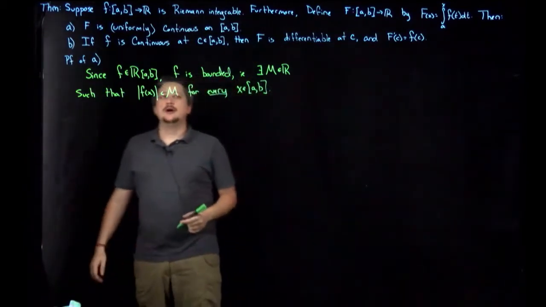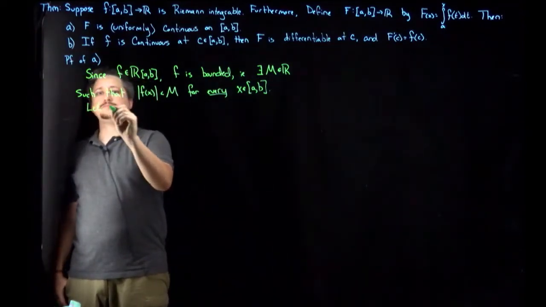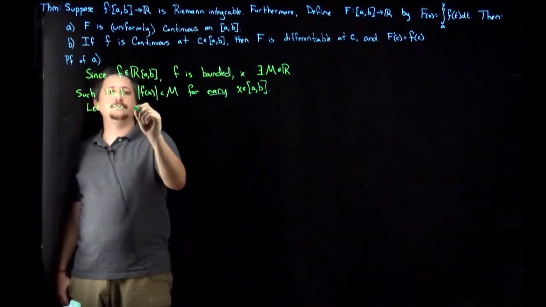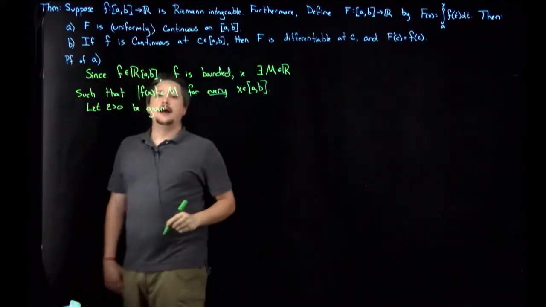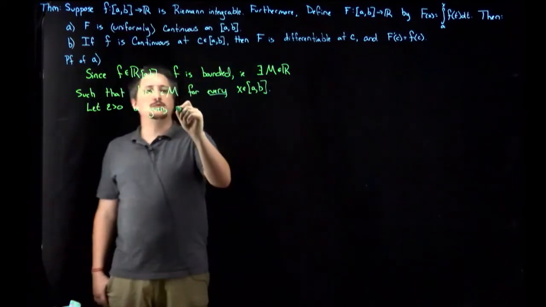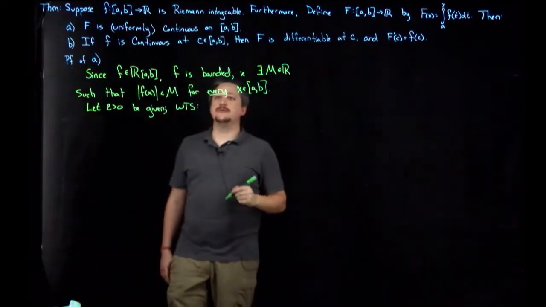Okay, so let epsilon greater than 0 be given. And just to be clear, what we want to show, so WTS, is that this thing is uniformly continuous.